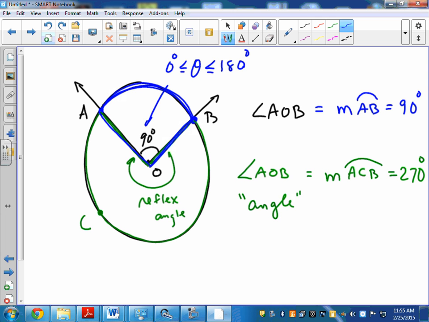And if it's the major arc, then you're going to be doing the supplement of that, right? Actually, not the supplement. This is more than 180. This is 360 degrees minus the angle. So that's going to be our reflex angle.